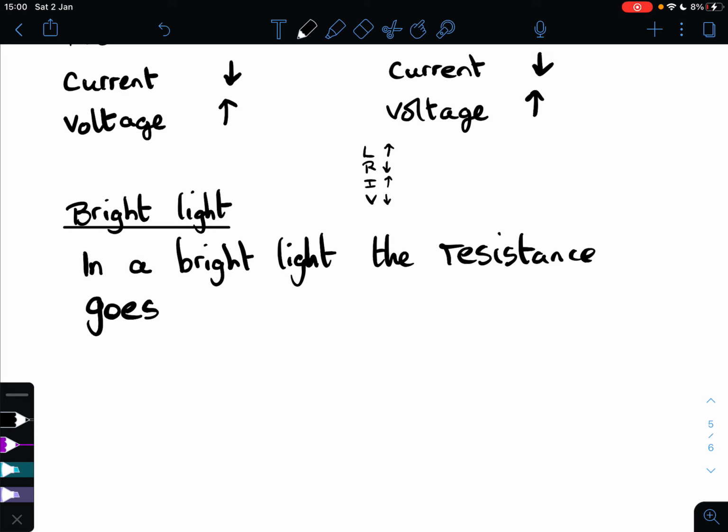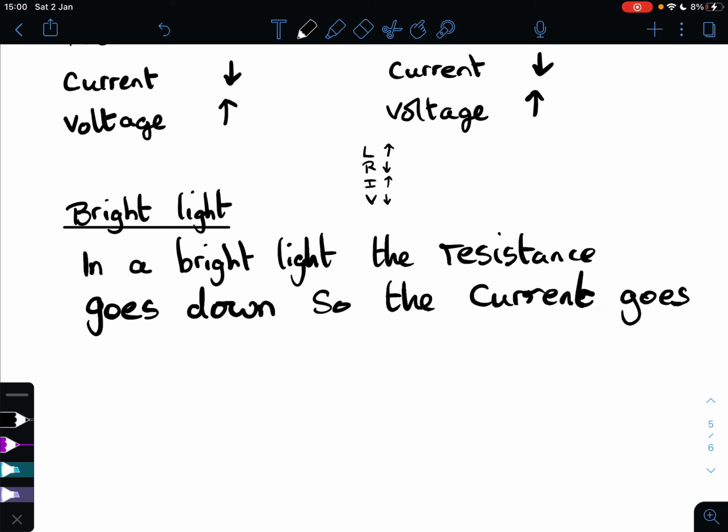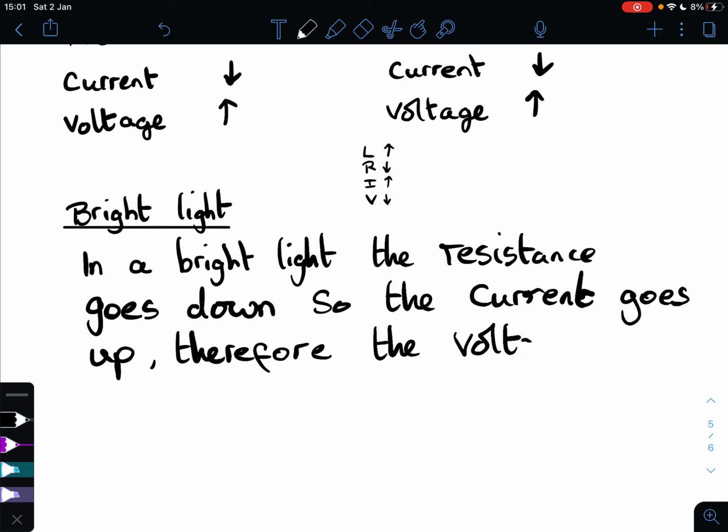So now I can do it really easy and I guarantee myself all the marks. So, in a bright light, the resistance goes down. So the current goes up. Therefore, got to sound posh, therefore the voltage, and we'll say taken because it takes the voltage away, taken is low.